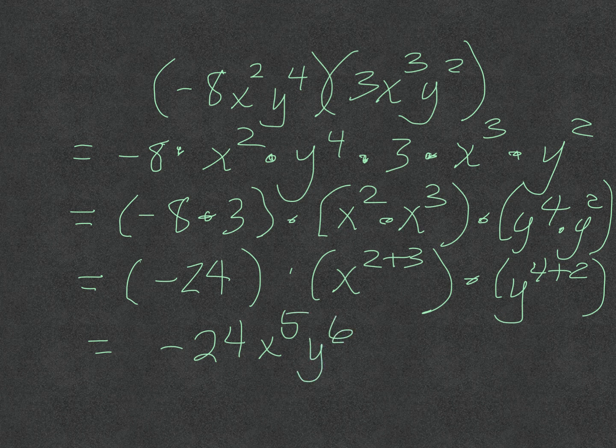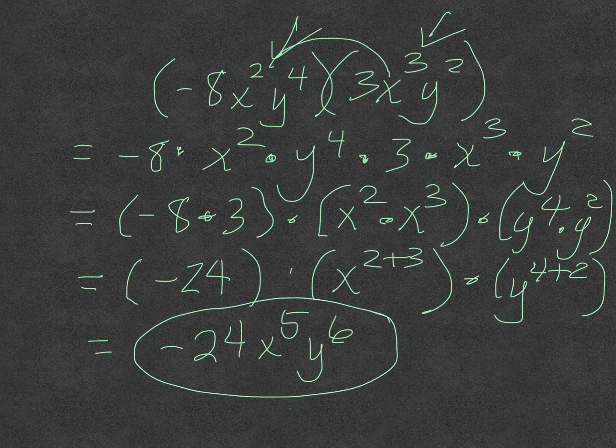So what's different about this in terms of multivariable? We add exponents when we multiply things with the same base. But if they have a different base, they can't multiply. We just leave it as x squared y to the fourth, like they left them here. But we can multiply x cubed and x squared and add their exponents and, in a sense, simplify it. So that's what we're doing here when we go through this.